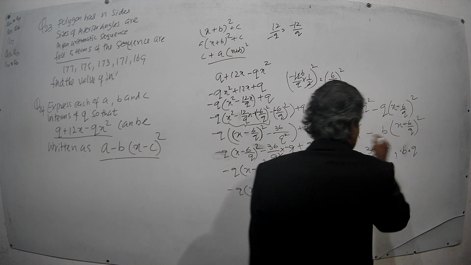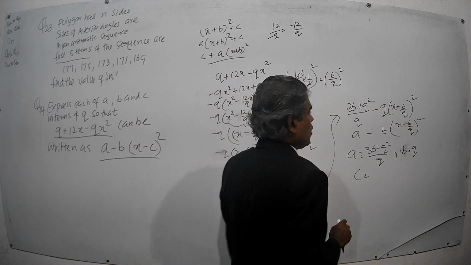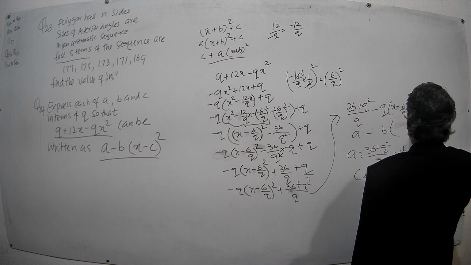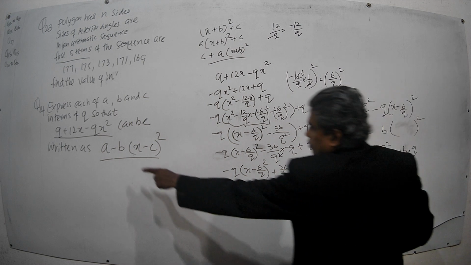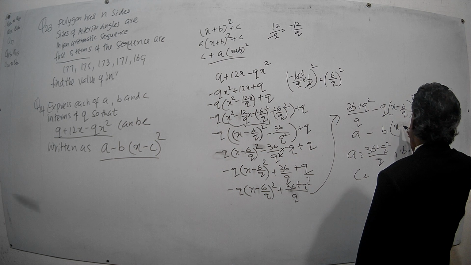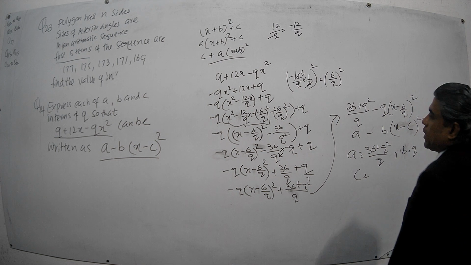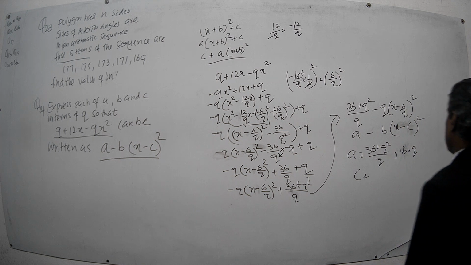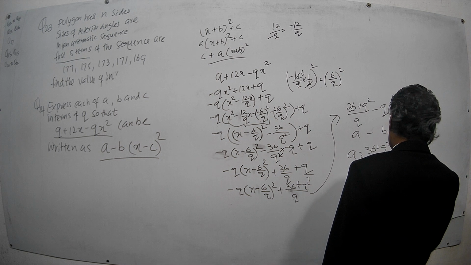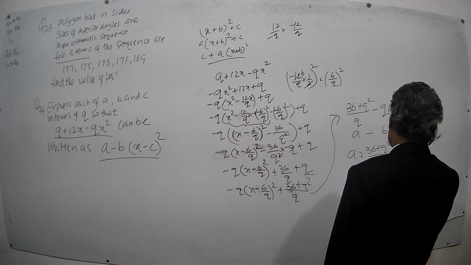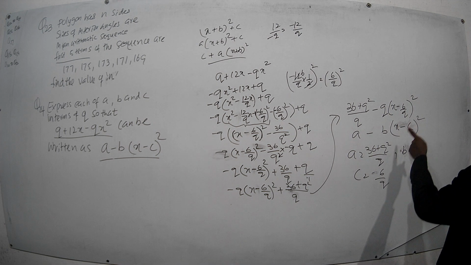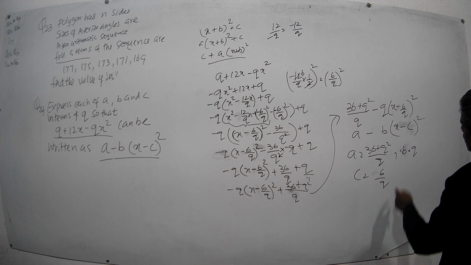I made a mistake here. This form now we have written as x minus c. Then compare c with this. How much? Minus 6 over q. No, 6 over q, because of the minus sign. Okay, 6 over q. That is the c value.